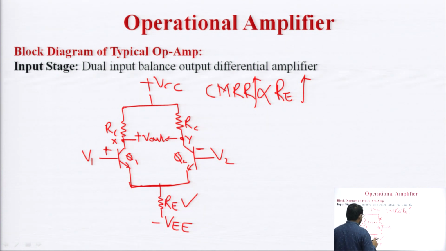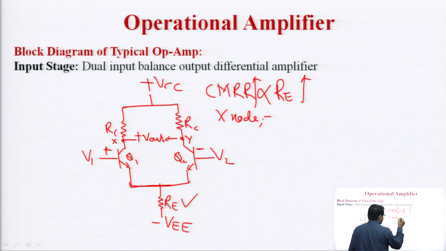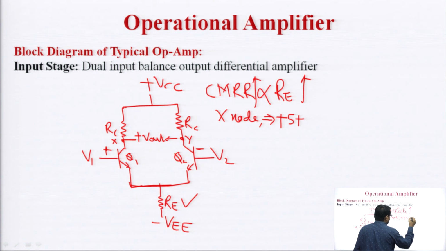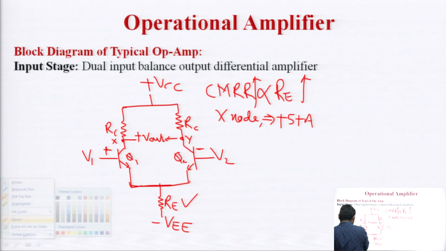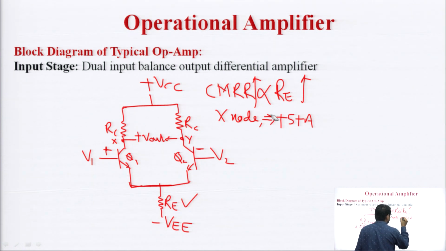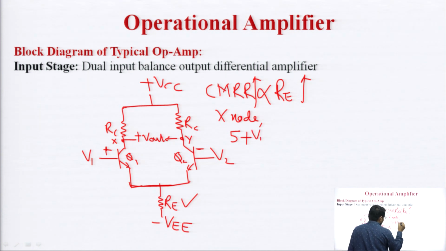Let us suppose the X node has a 5 volt DC voltage, which is a bias voltage, and V1 sin omega t, which is the AC.